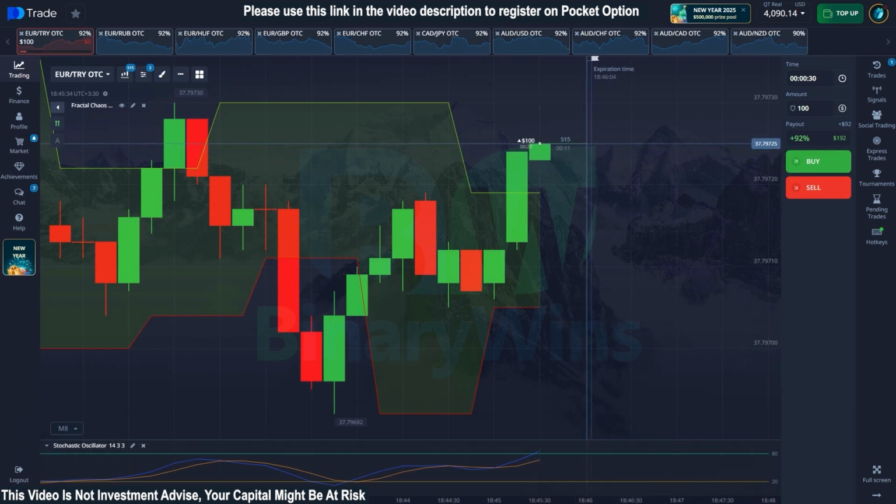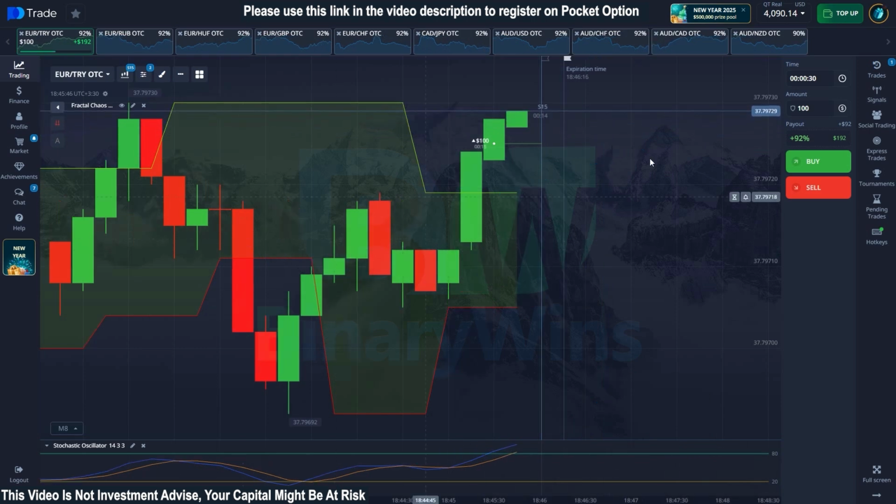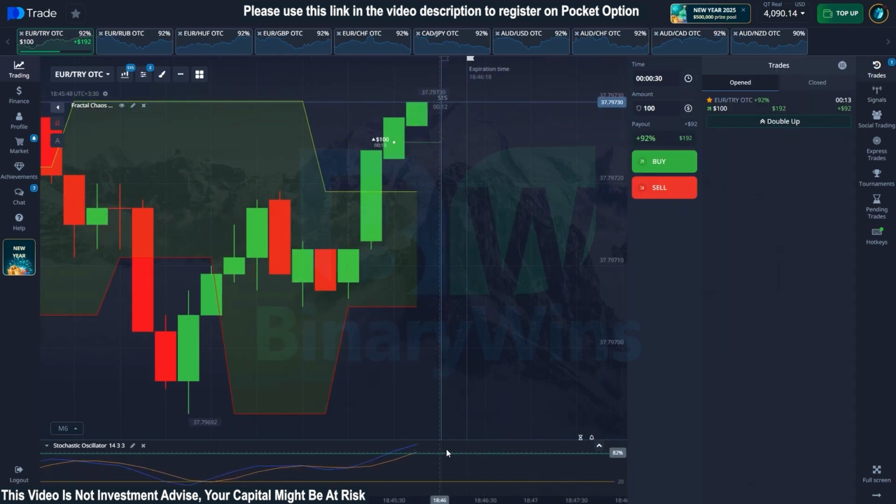If you look, the green candle has crossed the upper level of the fractal, and also in the stochastic, the main lines have touched the upper line. That's why I entered a higher trade. We wait for the position to close.